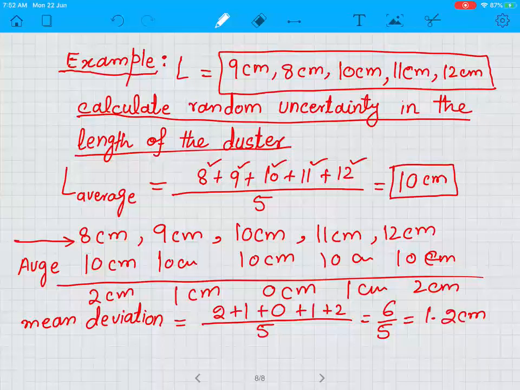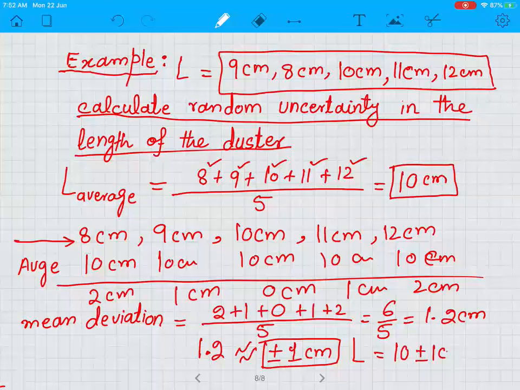Now you know the random uncertainties are written up to one significant figure, and it would become plus minus 1 centimeter. Now, how will you state the reading for the length of the duster? It would be stated as 10 plus minus 1 centimeter. So this is the value for the length of the duster.